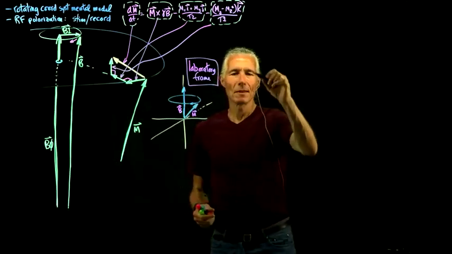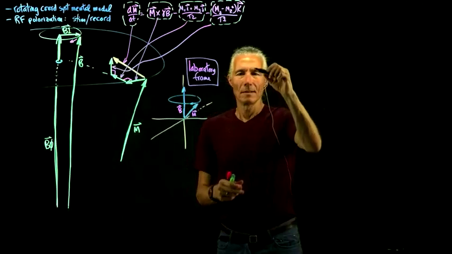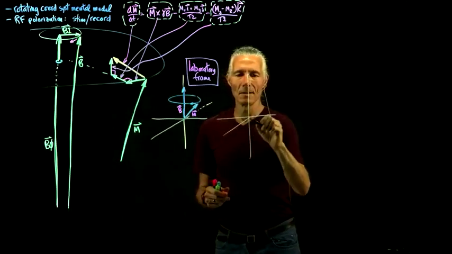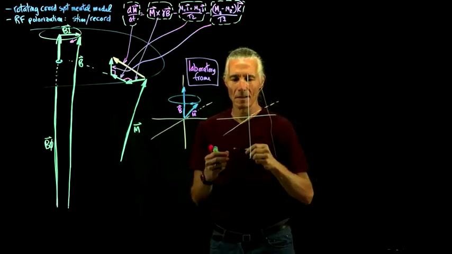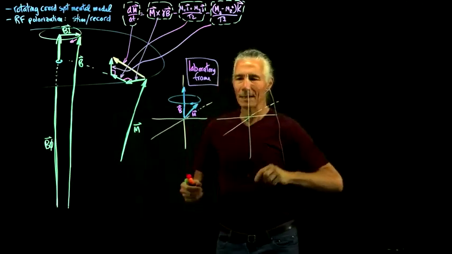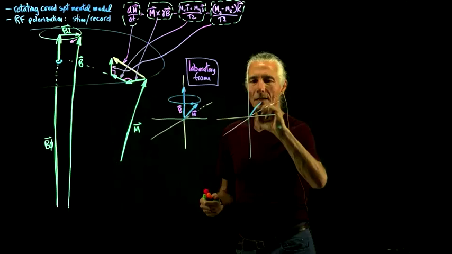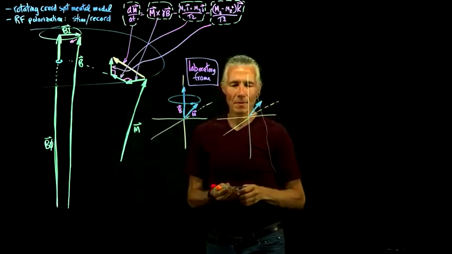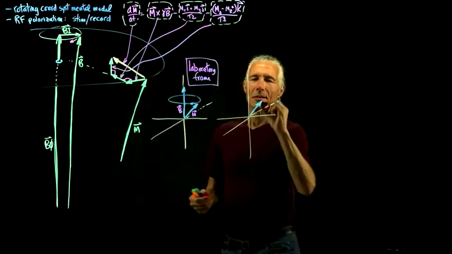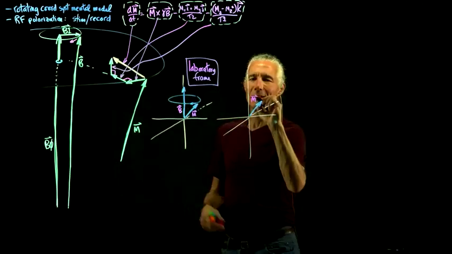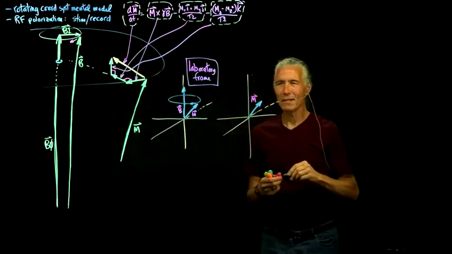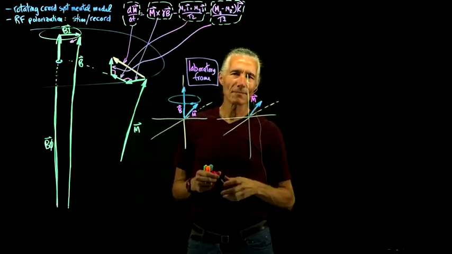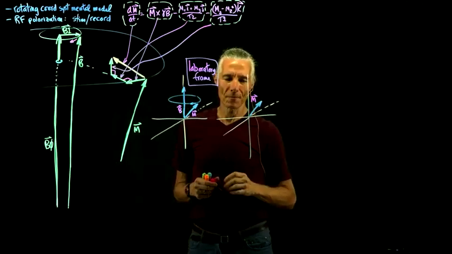So here's another coordinate system. The M vector would just be stopped in its tracks. So what does that mean? That means that in the rotating coordinate system, it's as if there was no B0.